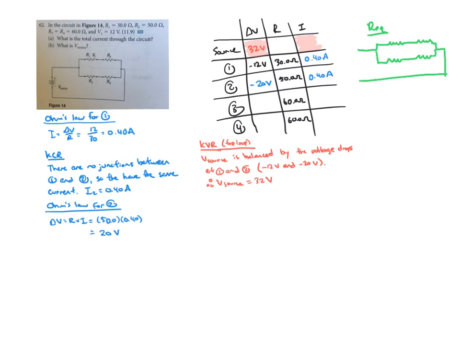There's my circuit with 30 ohms, 50 ohms, and then the other two are 60 ohms. So what I'm going to do is combine the 30 and 50 ohms, because those are in series, to make 80 ohms. And then the other pathway, the 60 and 60, can combine to make 120.